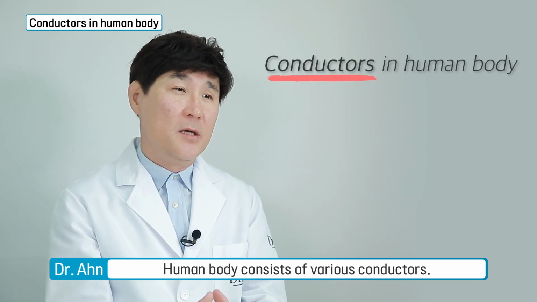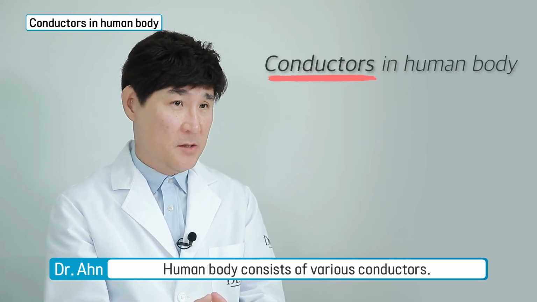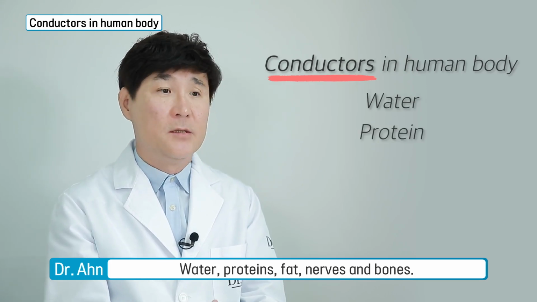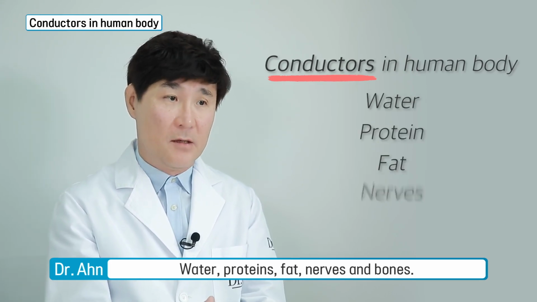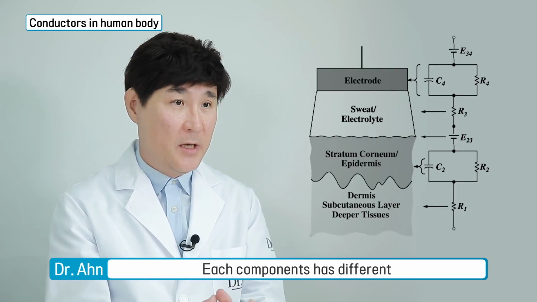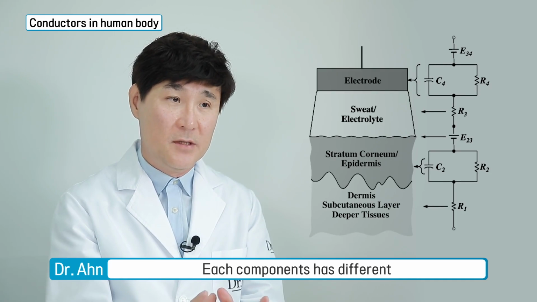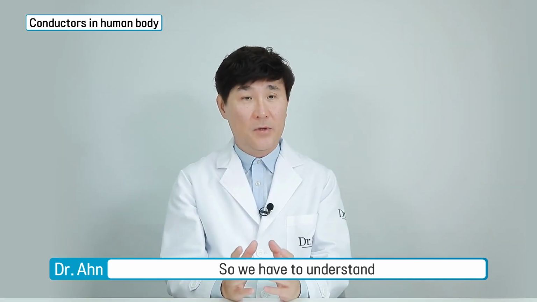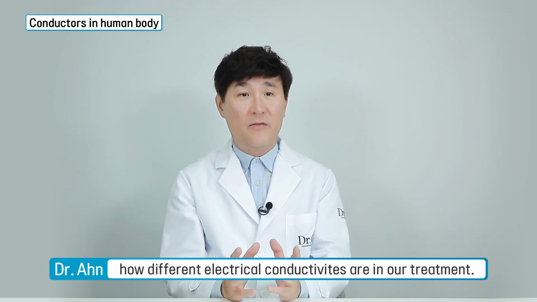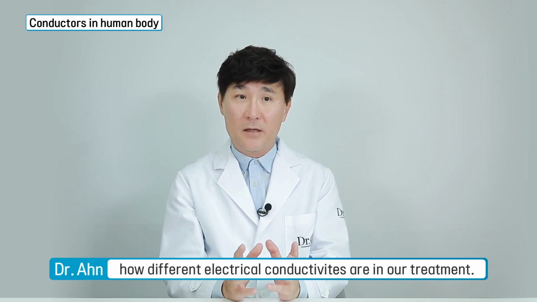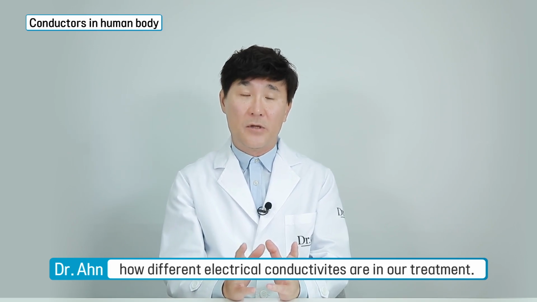The human body consists of various conductors: water, proteins, fat, nerves, bone. Each component has different electrical conductivities. So we have to understand how these electrical conductivities differ in our treatment.